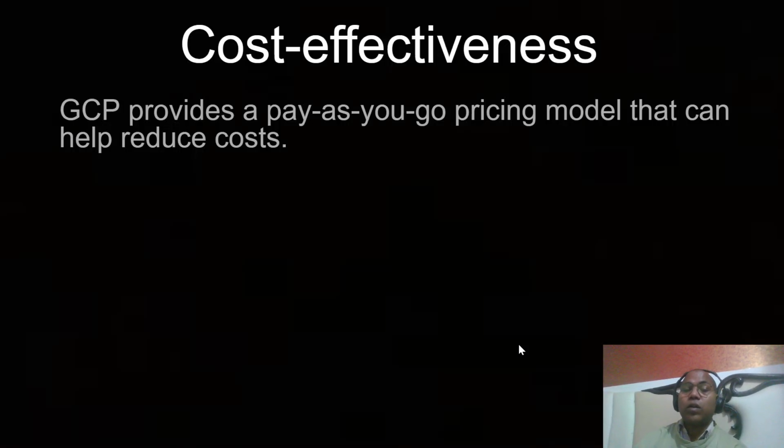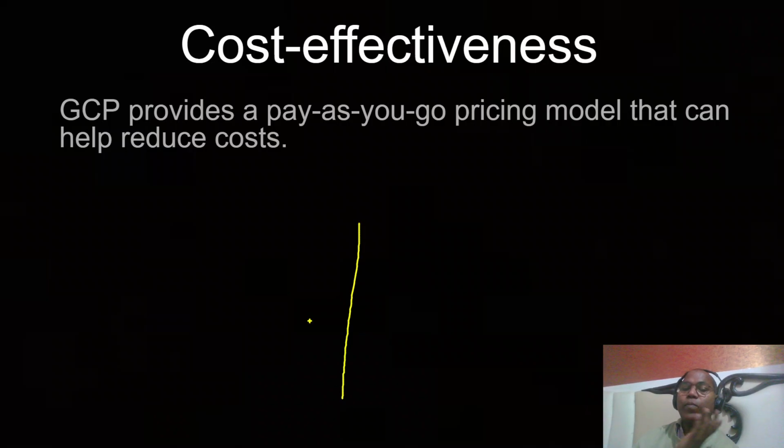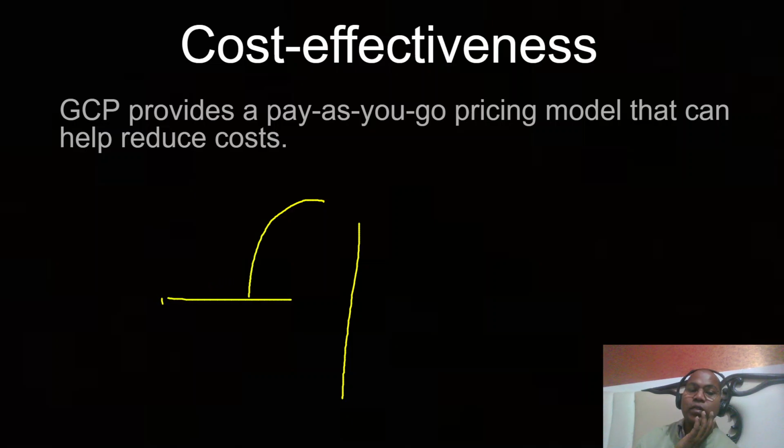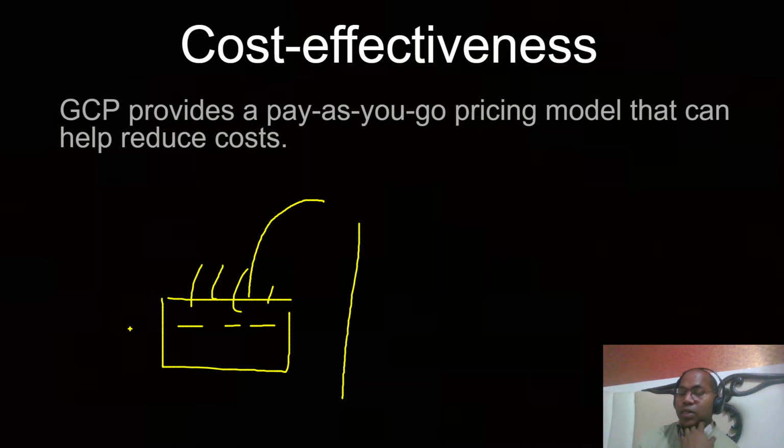Cost matters a lot in the cloud environment, right? The reason is that on premises, whenever you purchase a set of hardware, you invest your initial amount and your application runs forever, and you are not going to pay extra costs.